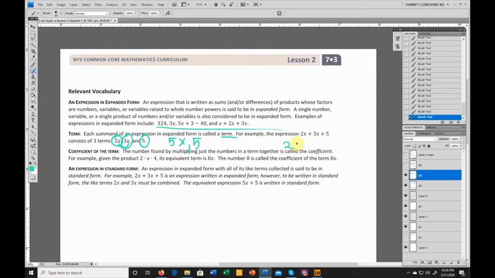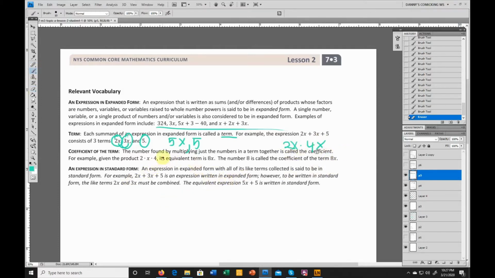You could do this also like this: 2x times 4x. And you would get the same answer because they are like terms.